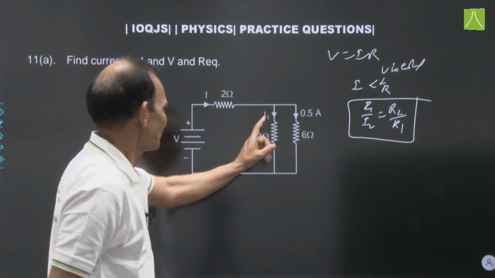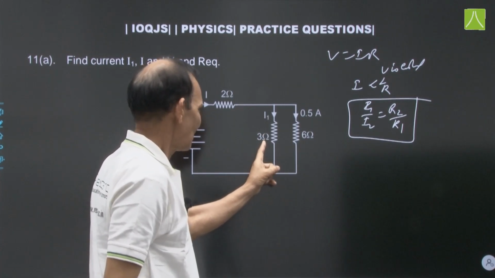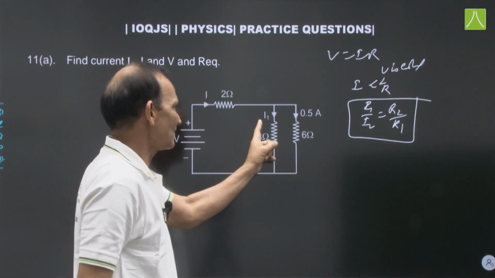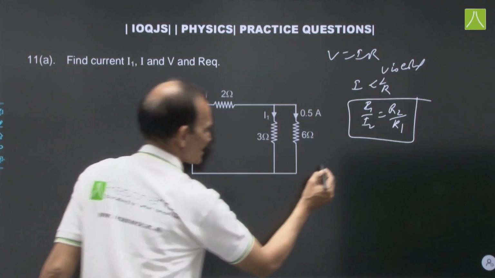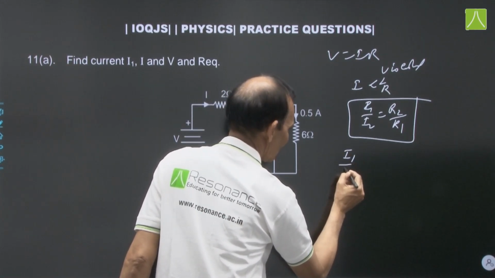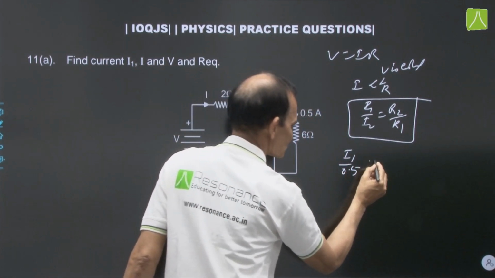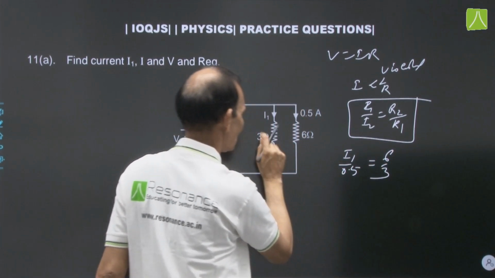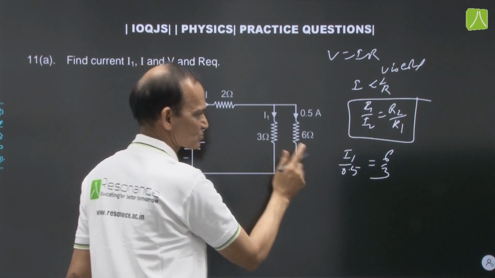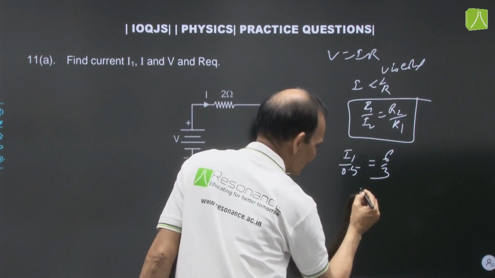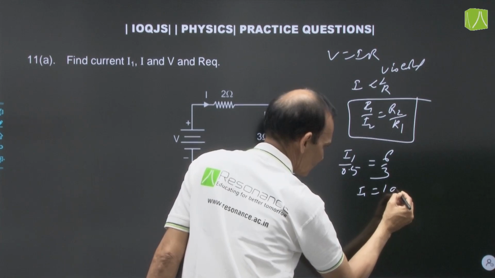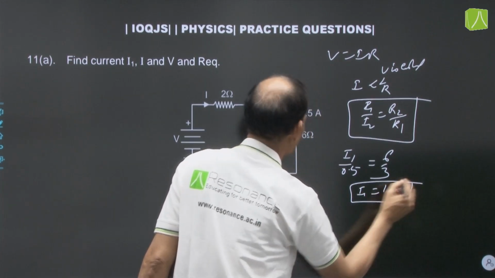Now think about it. You have to find I1. So I1 upon 0.5 will be 6 upon 3, the reverse ratio. I1 in the 3 ohm, that is 6 upon 3. So what is the value of I1? 1 ampere. This answer has come first.